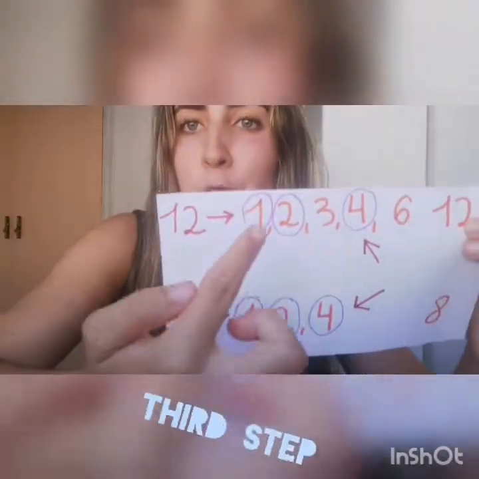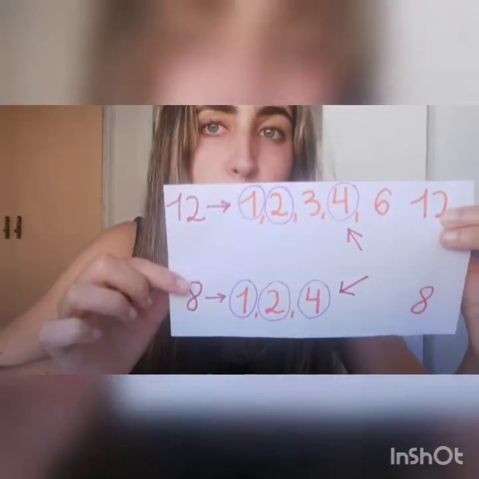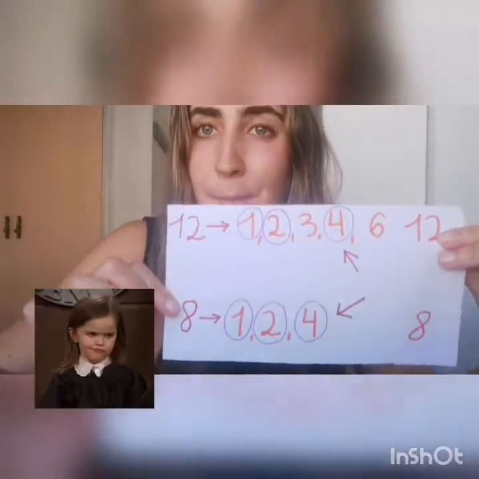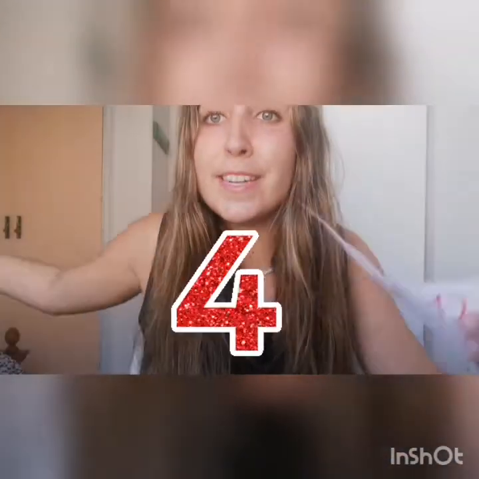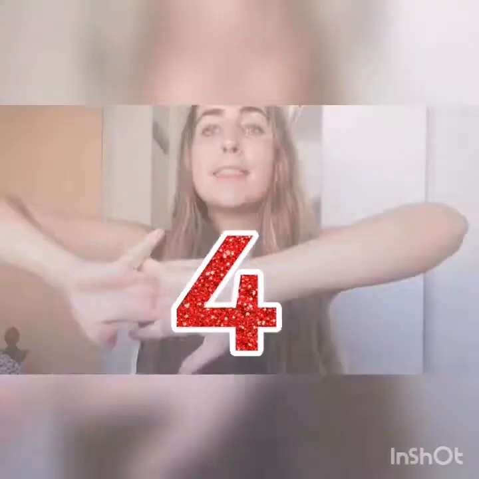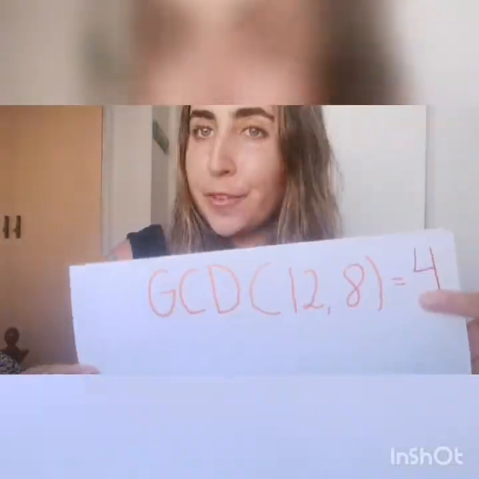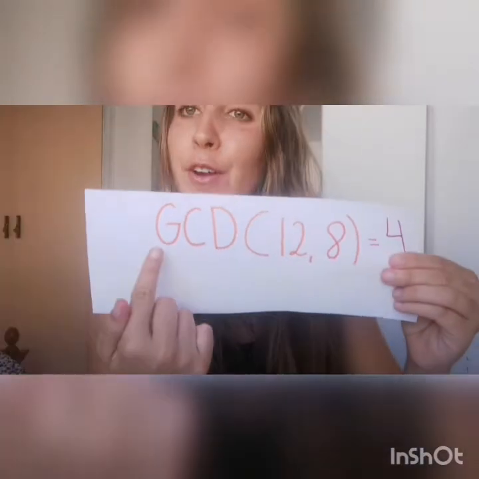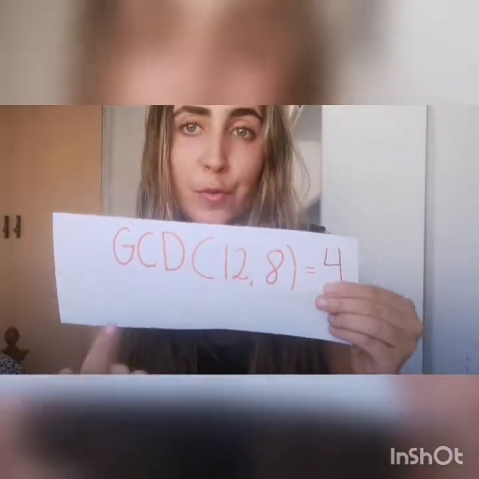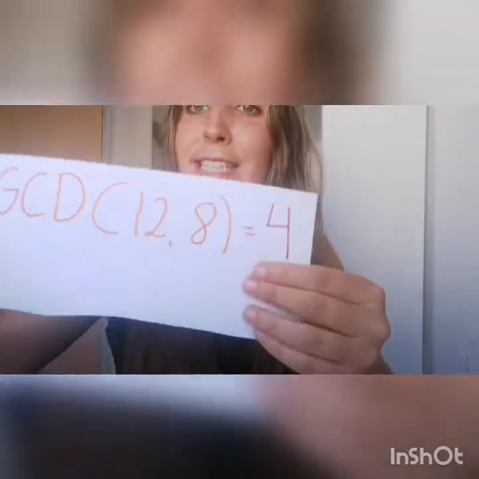So, in the common divisors, where is the greatest number? Of course, number 4. The last step is to know how to represent the result. So, here we have the final result. The greatest common divisor of 12 and 8 is 4.